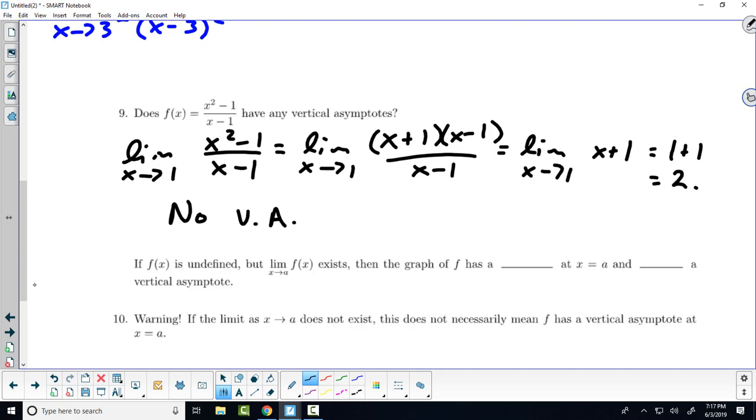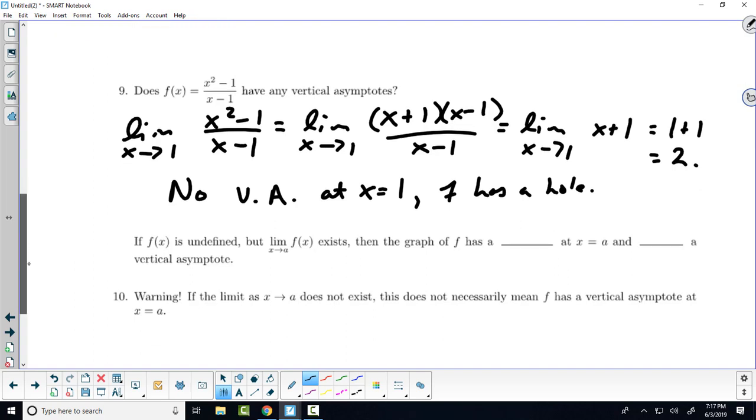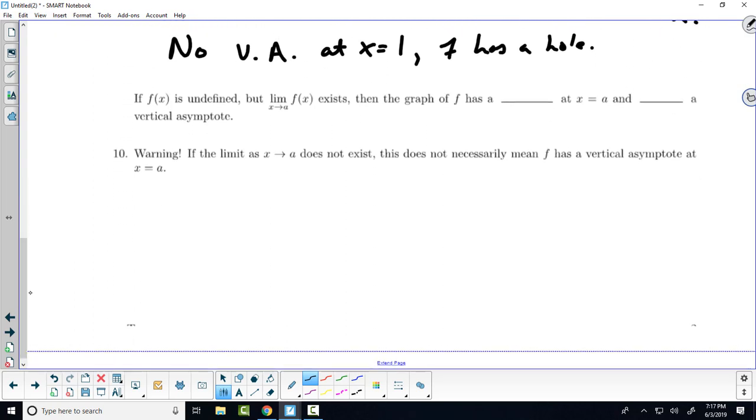In fact, what do we have at x equals 1? At x equals 1, f has a hole. If f is undefined at x equals a, but the limit as we approach a exists, then the graph of f has a hole at x equals a and not a vertical asymptote.